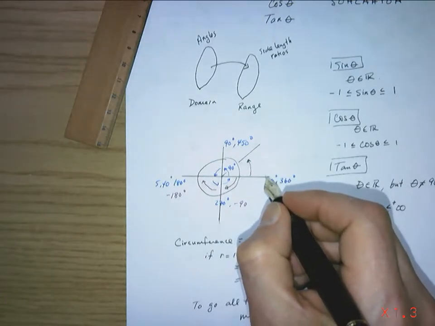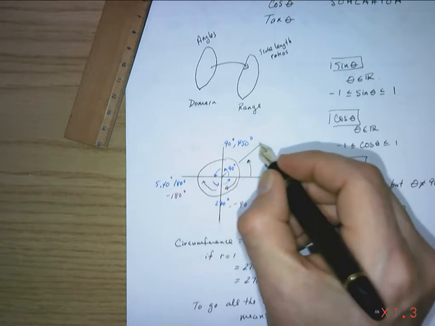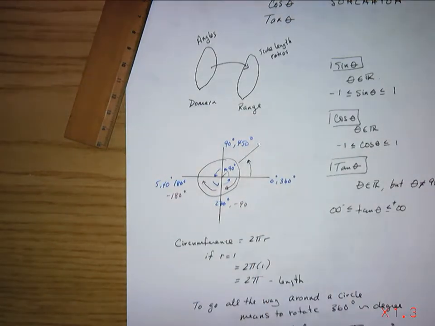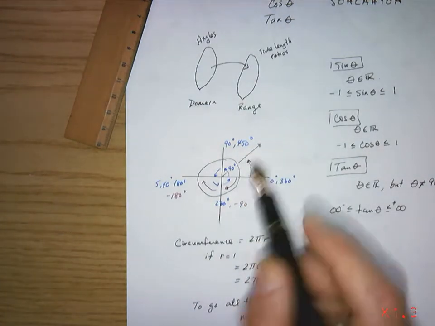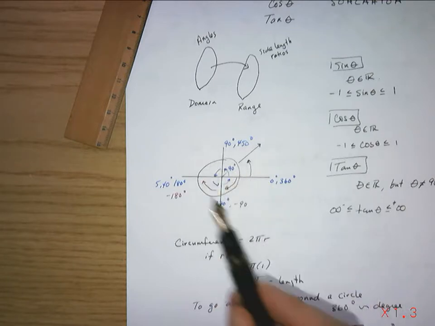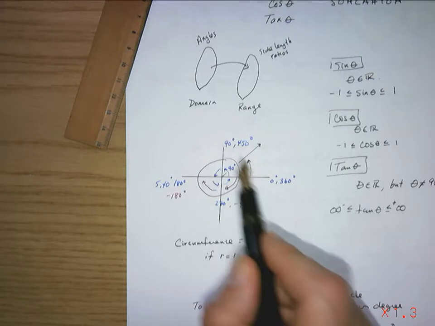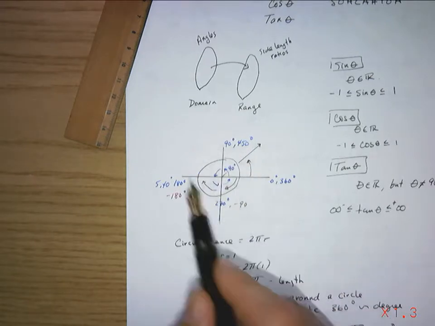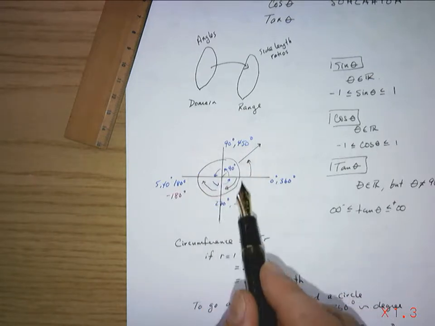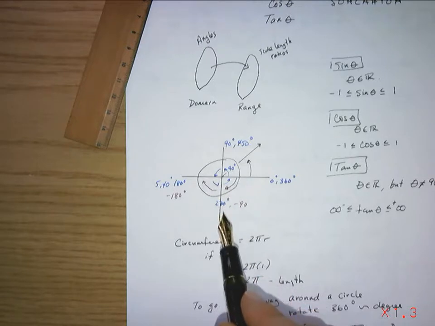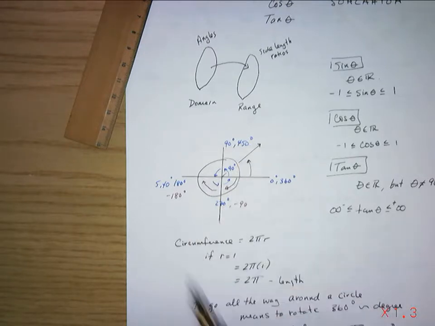That initial arm keeps going up and up and up until it stops somewhere, and we call that the terminal arm. So this is the initial arm, that's the terminal arm. We decided that going this way was going to be positive. We decided that going this way was negative, and we decided that we could go all the way around and keep going, and that gave us those angles larger than 90 degrees, larger than 180 degrees, etc. It also gave us our negative angles.